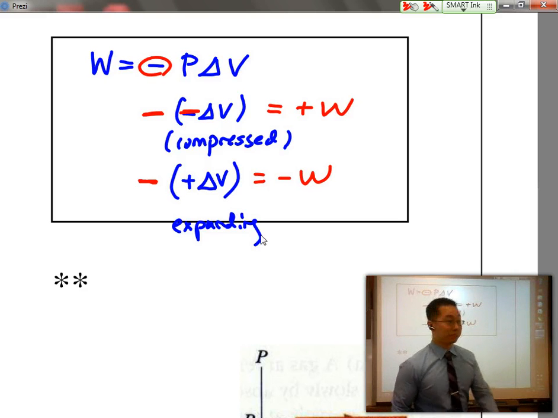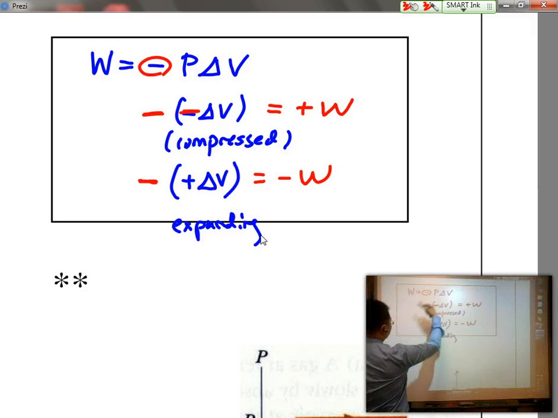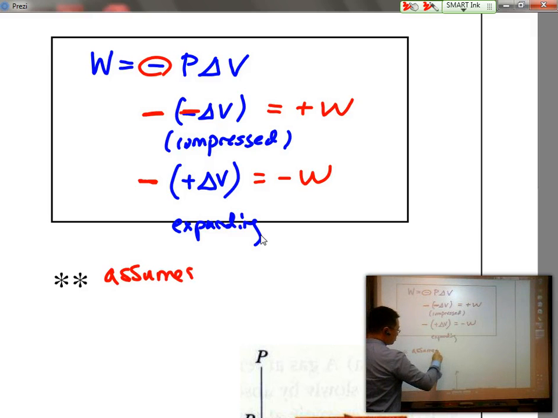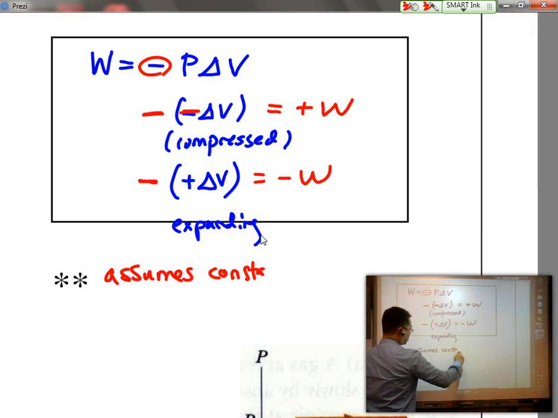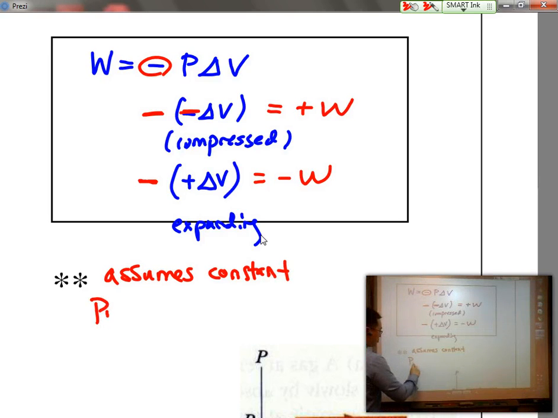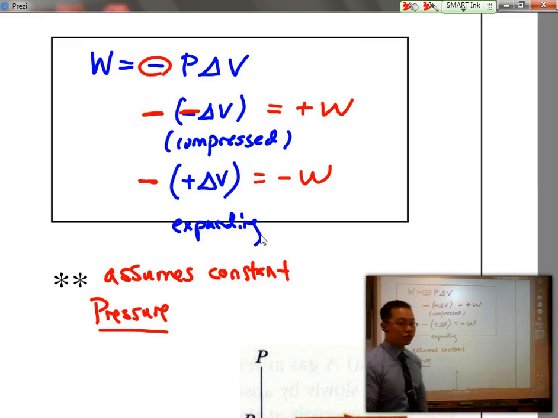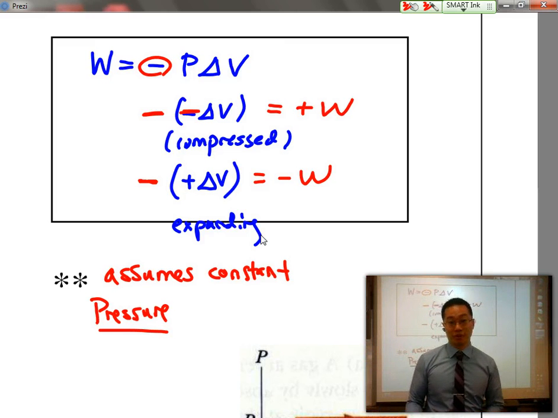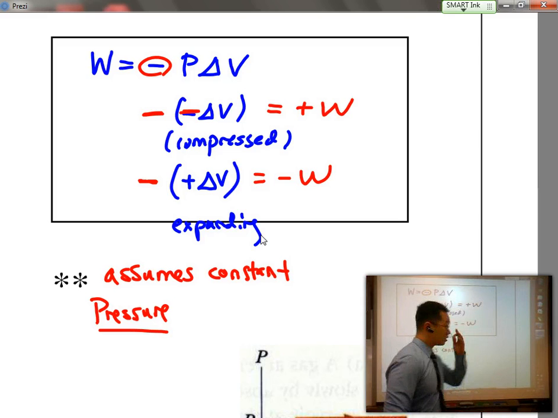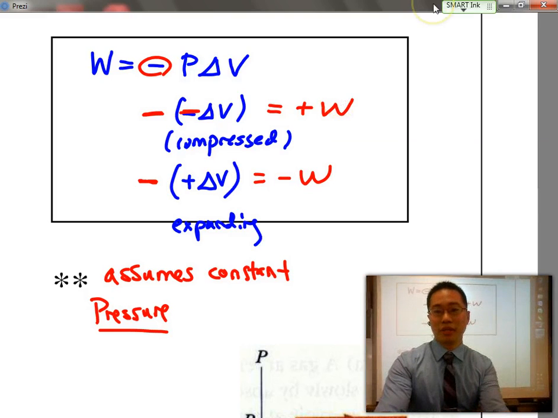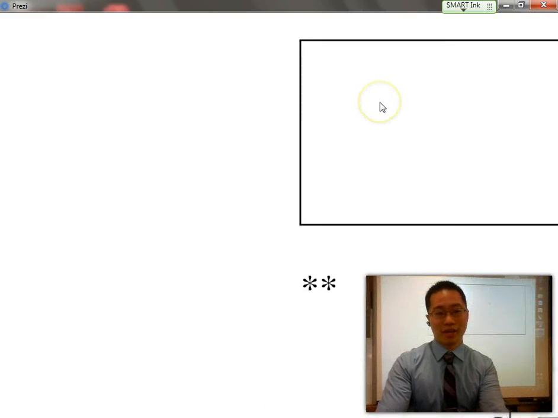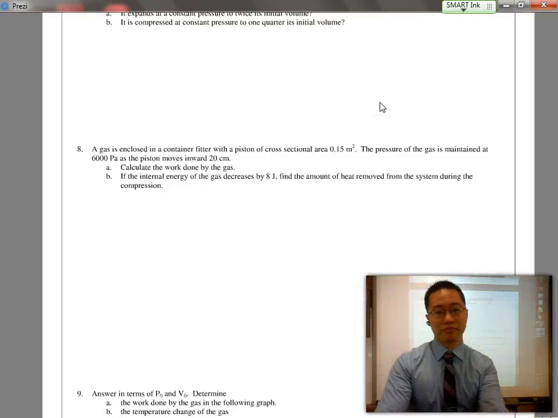So this formula assumes a constant pressure. And if it's not a constant pressure, you can't use the formula. But let's just try using this formula one time, if it did work out.